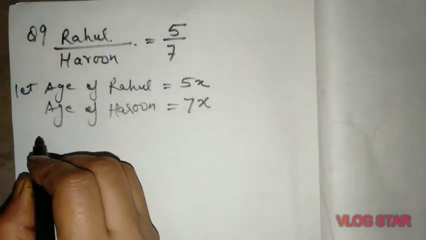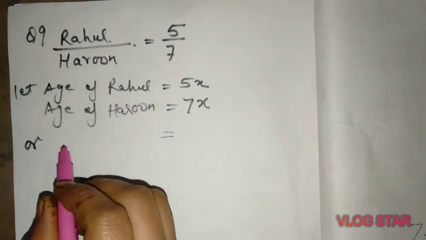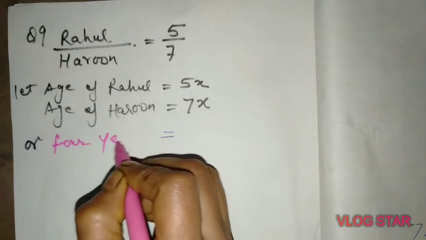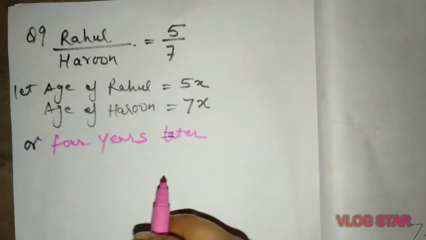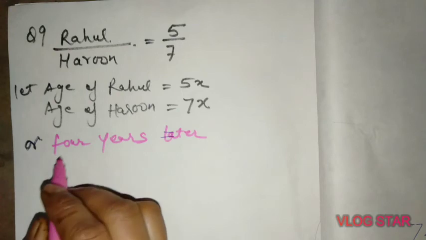Now the condition given is that 4 years later, which means after 4 years, 4 years is added to the age of both.